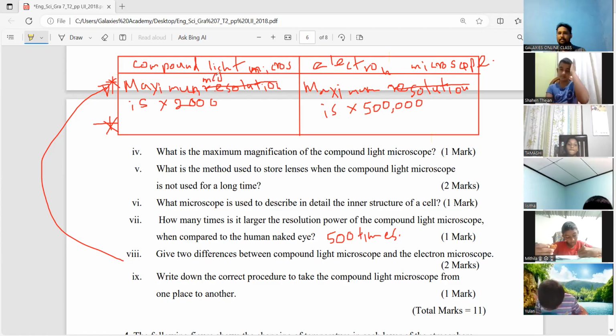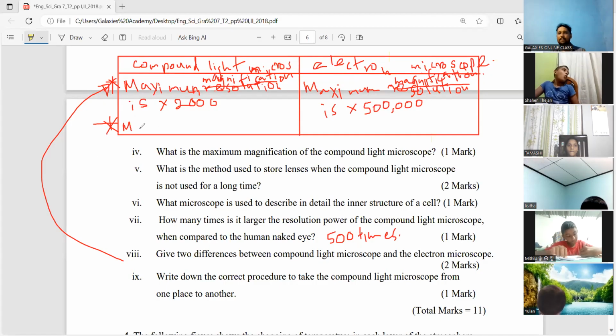Maximum magnification, and this one also the maximum magnification. Magnification means how many times it is enlarged. This is 2000 times, but this one about 500,000 times.